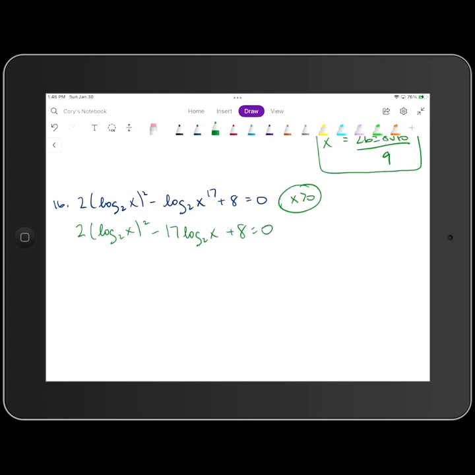You guys remember back in the previous video, we did some examples of solving exponential equations that are in quadratic form. Well, this is an example of solving a log equation that is in quadratic form. Because if we let u equal the log base 2 of x and do a u substitution here, we can rewrite this log equation as 2u squared minus 17u plus 8 is equal to 0.